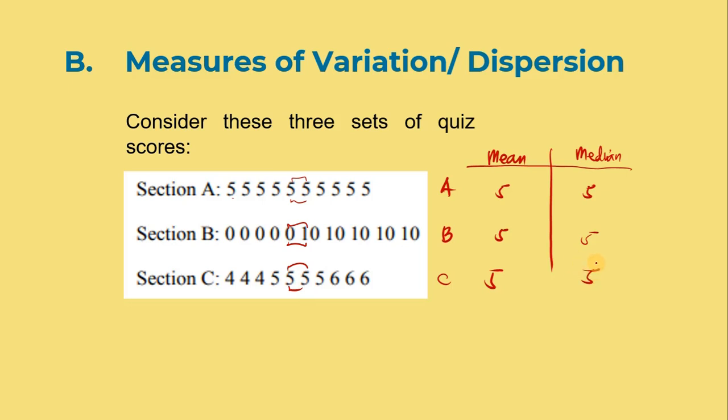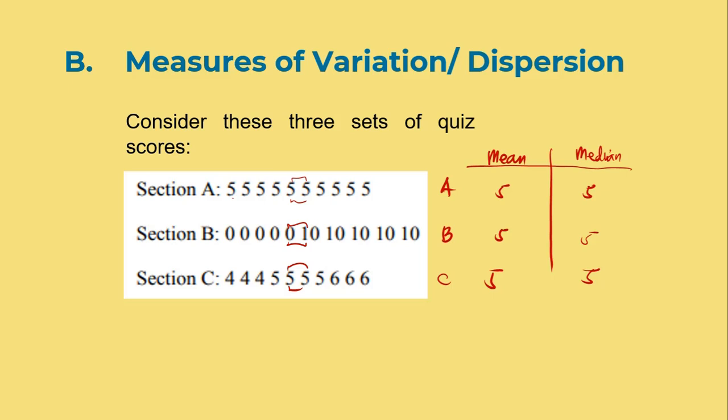So, you can see that sometimes, at some values, pareha na silang mean og median. But, kung itan-aw mo diri sa data, lahi man jud, there is really a big difference. So, that is now the time to shine for describing how spread or how varied the values are.